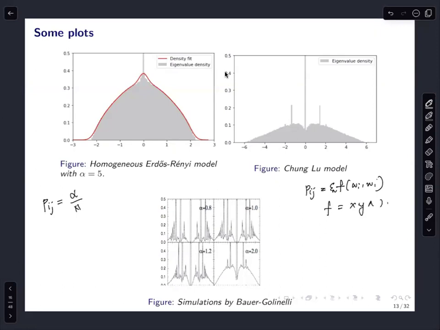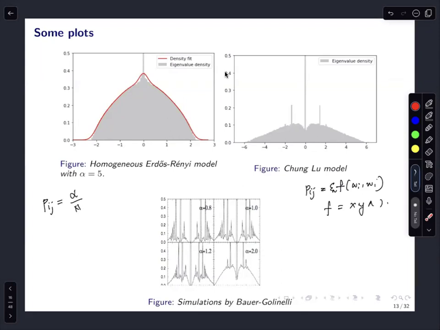And you see there is a nice bimodal kind of picture with the atoms around. So there are these spikes, or these atoms, which were, by the way, completely missing when we were in the dense case or the intermediate case. So these spikes appear there.